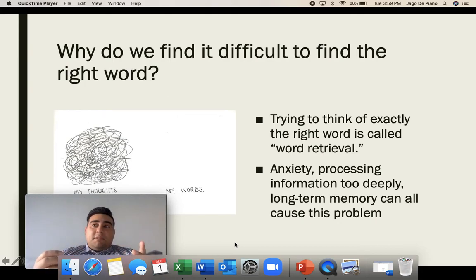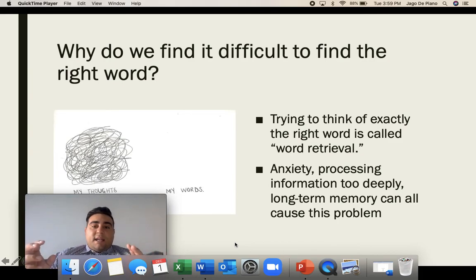Sometimes people who process information too deeply is another reason we can have difficulty finding the right word. I know that's something I deal with personally. I think about the subject a little bit deeper than it has to be, and I think about it from all the angles. Long-term memory can actually be a solution, and it can also cause this problem.